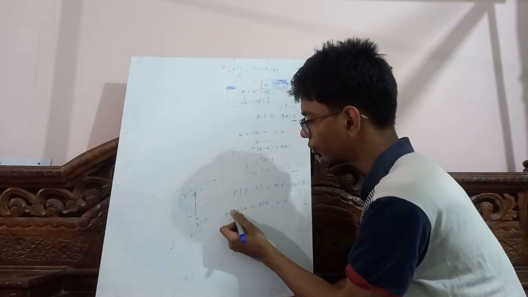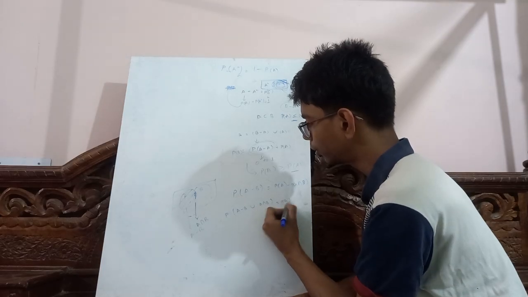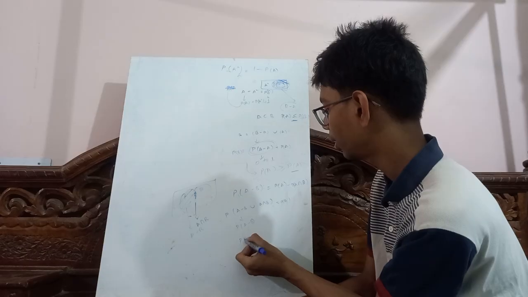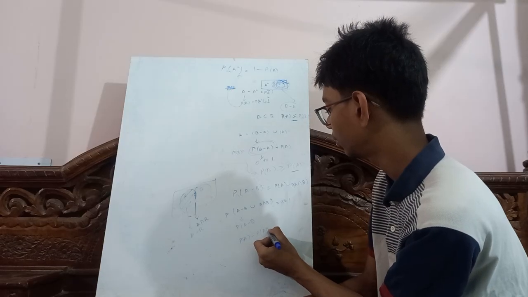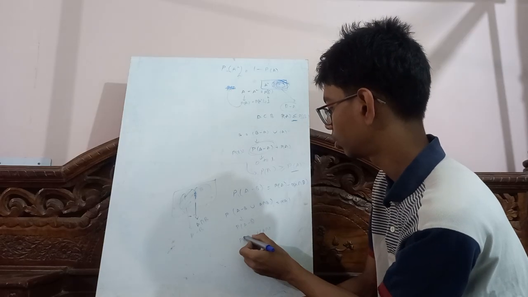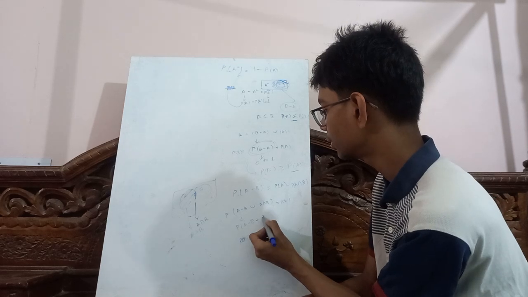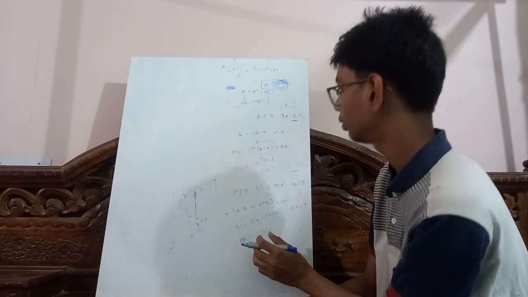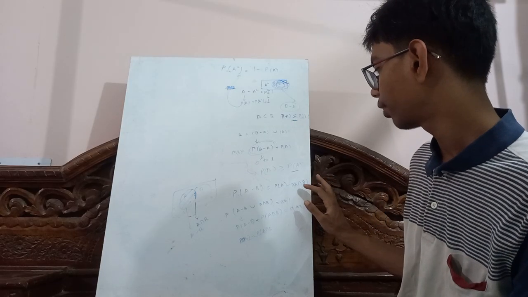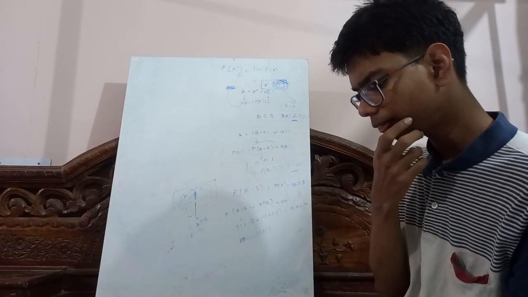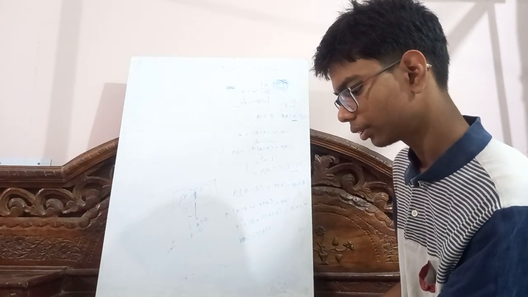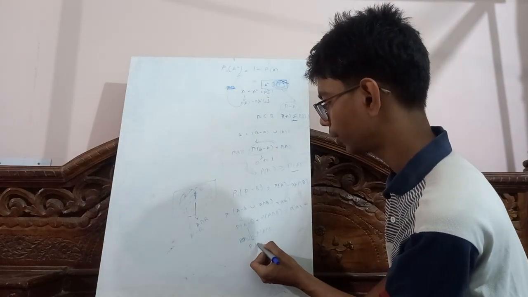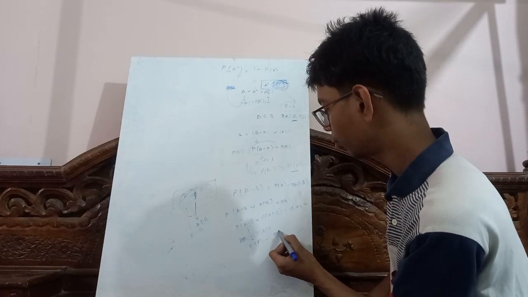Then probability of this and probability of this will give me P of A. This is written as this plus this.